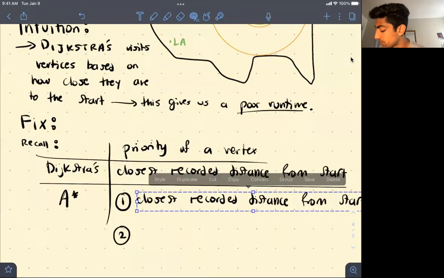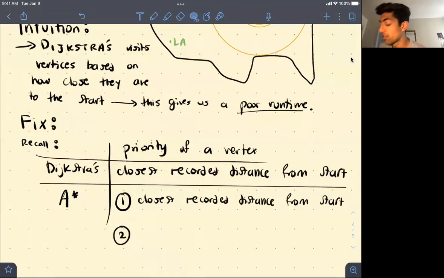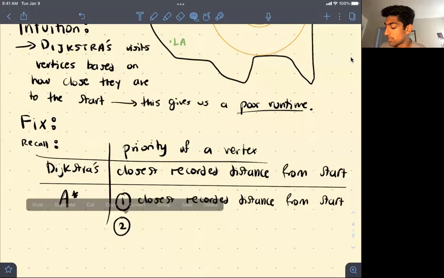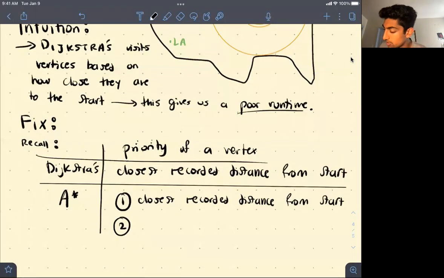All right, that's the first thing. The second thing that we're going to do, and both of these added together will give us our priority. Let me denote that quickly: when I add these together, I get my priority.